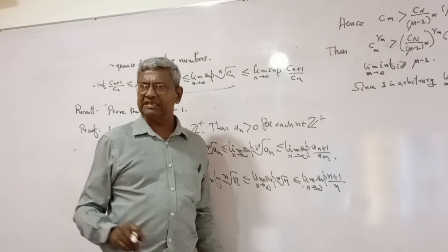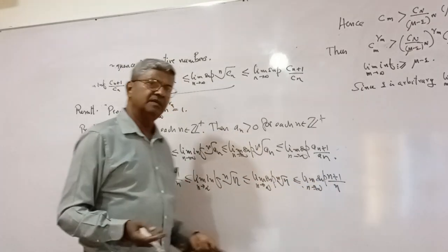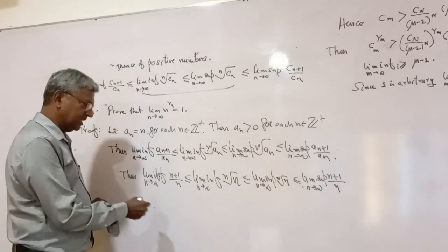However, you know n plus 1 over n converges to 1. Therefore, lim sup is 1. Similarly here, both are equal to 1.